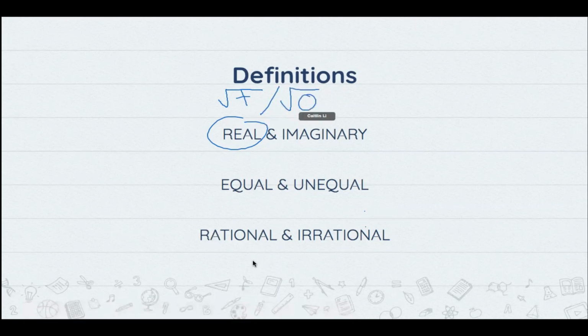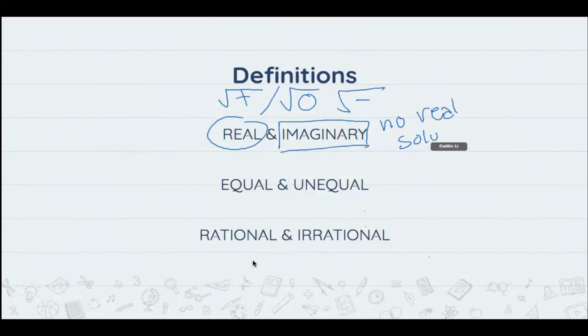Either way, that is what real means. And for imaginary, it means if there is a negative number in the radicand, this would basically mean there is no real solution. And this one means there is a solution.